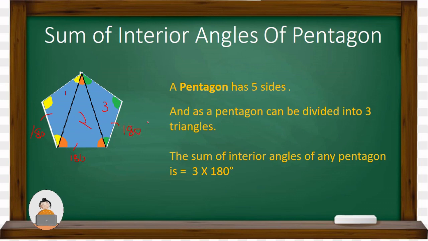Hence, we conclude that the sum of the interior angles of this pentagon will be 3 into 180 degree, which will give you the answer as 540 degree. Hope you all get the calculation, what I have done, how we will calculate the sum of interior angles. I will be talking about the sum of the interior angles of a polygon in the next slide.